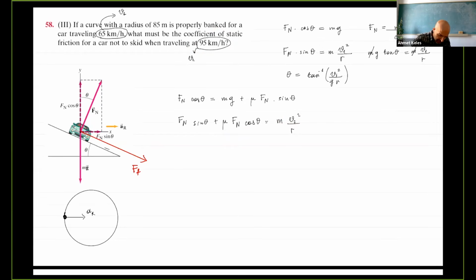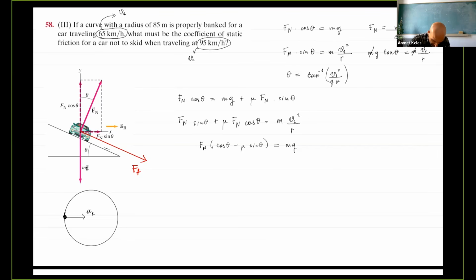Now, exactly like we did in the previous part, I can solve this for F normal. The first one, for example, F normal cosine theta minus mu sine theta should be equal to mg.